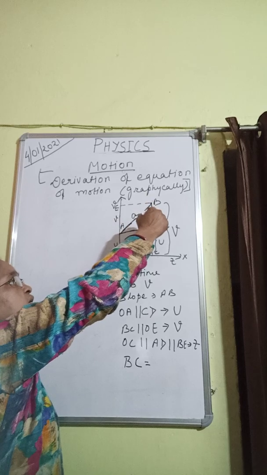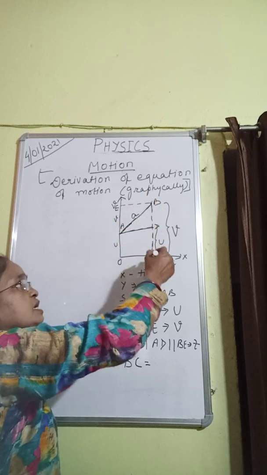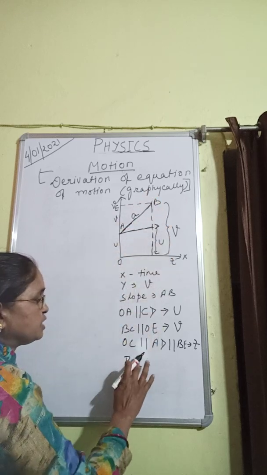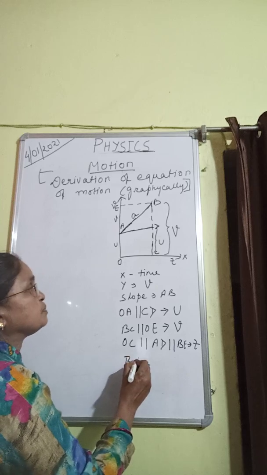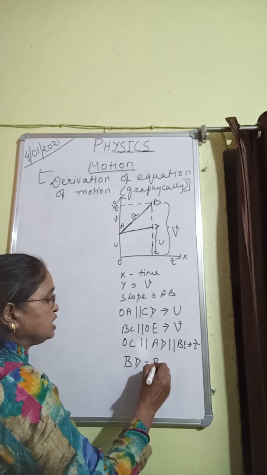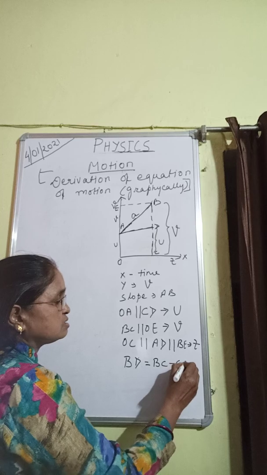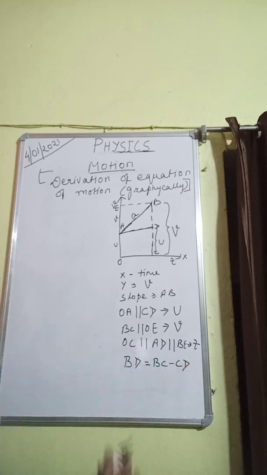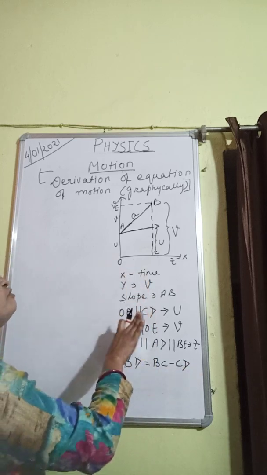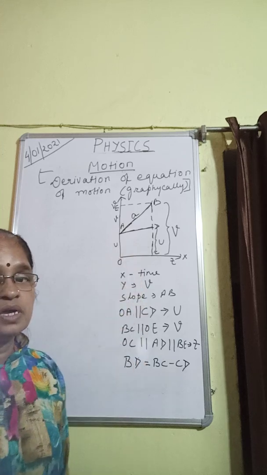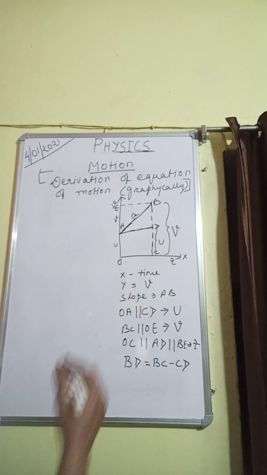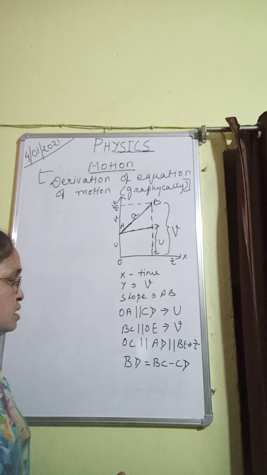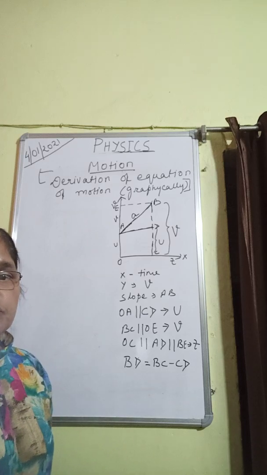So BD is BC minus CD. We can write it easily. I hope this is the basic fact from this graph you have understood. So let's start deriving the equations of motion.